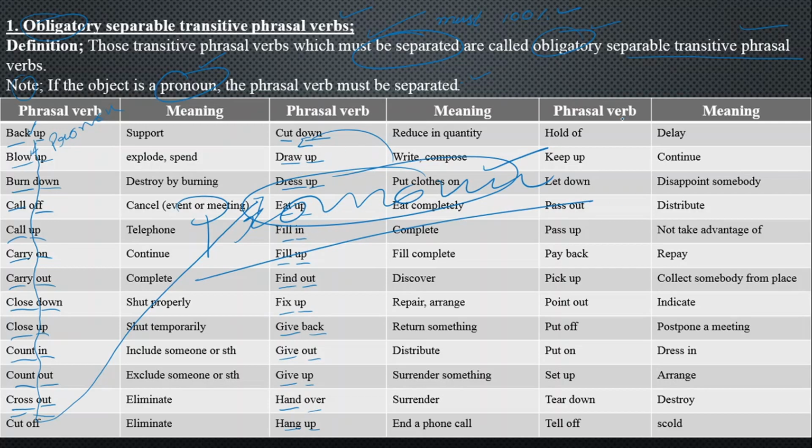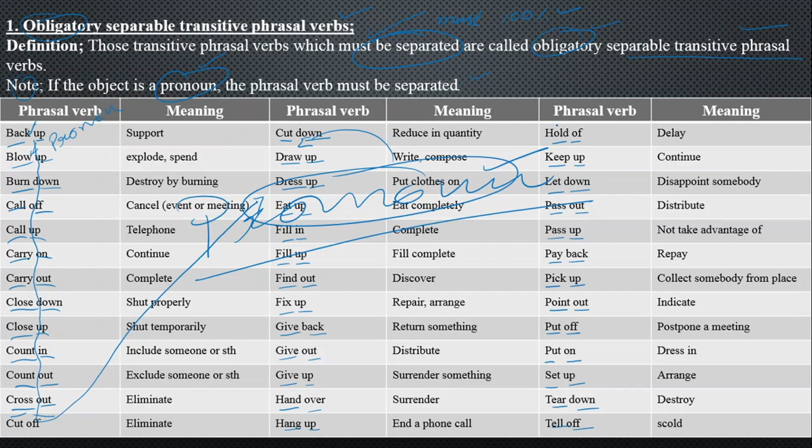In the same way, verb and adverbial particle.